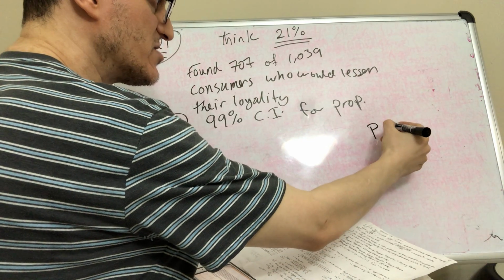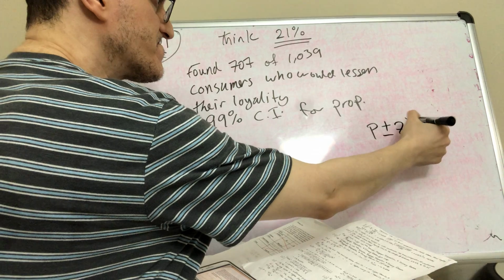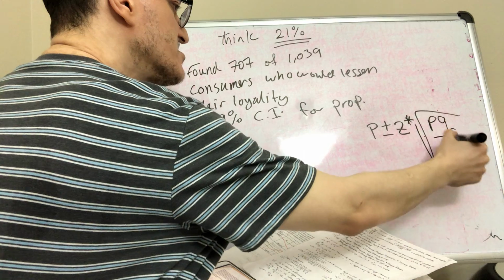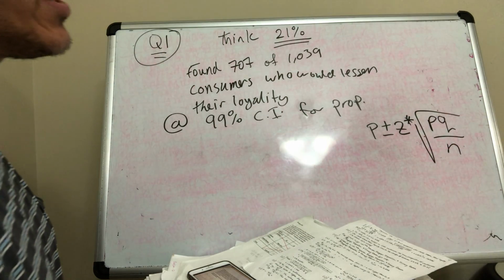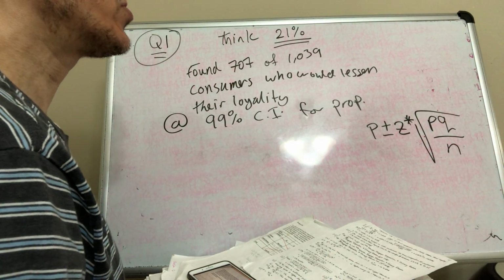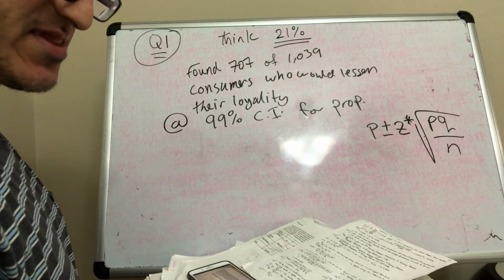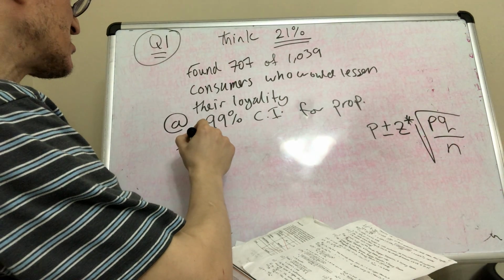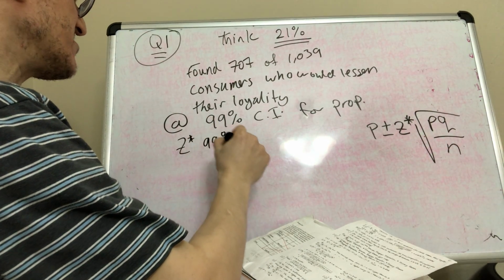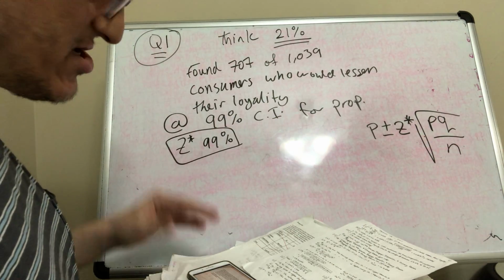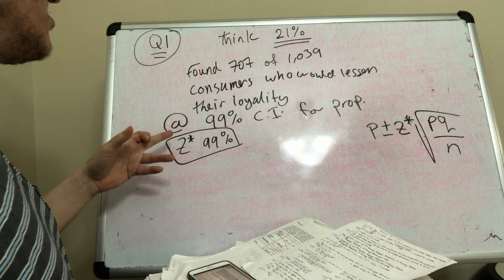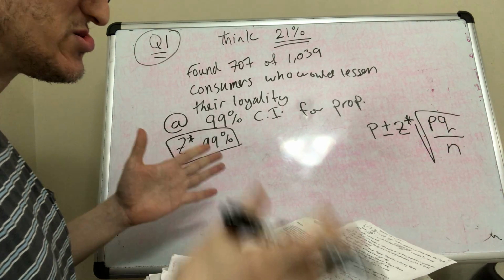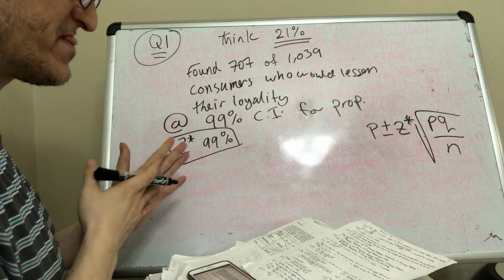There's only one formula we could use, which is P plus or minus Z star square root of PQ over N. To get the Z star, we need to know what Z star is at 99%. You could Google it. If you search Z value 99% confidence interval, it will tell you. I also showed you the other ways to do it.